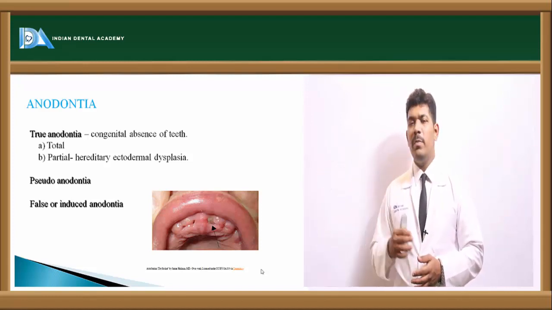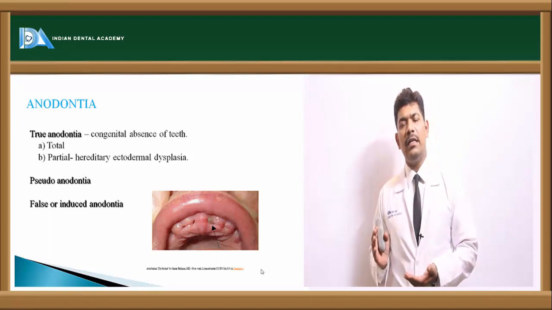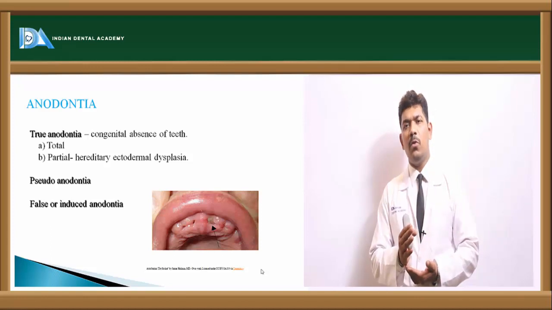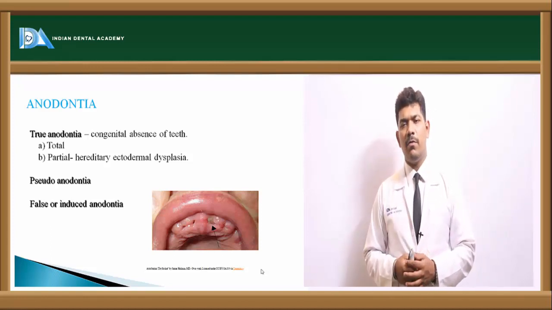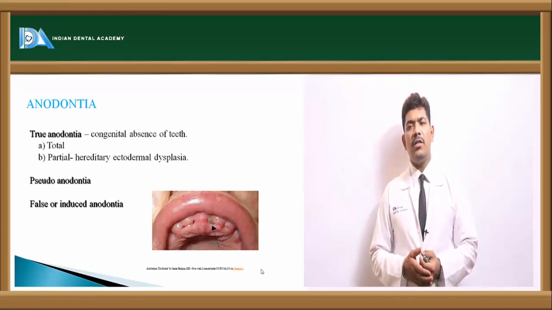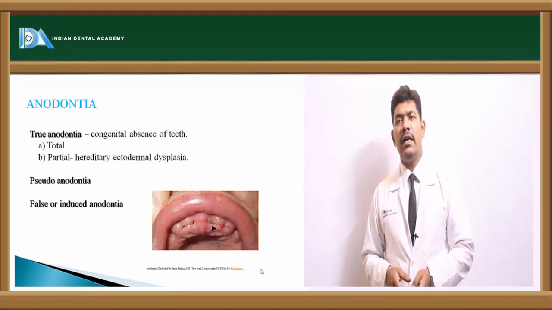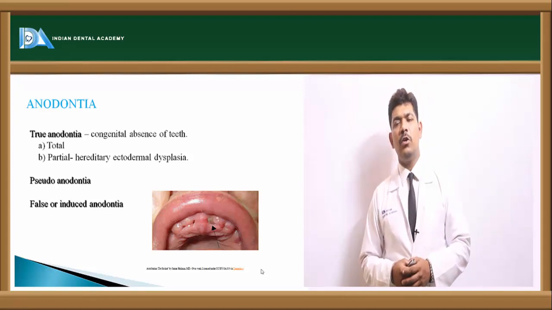Now this could be total or it could be partial. The teeth all over both jaws could be affected, or it could be partial, limited to only a few teeth, depending upon the condition. Predominantly, partial anodontia is found in hereditary ectodermal dysplasia, wherein a few teeth are missing totally.